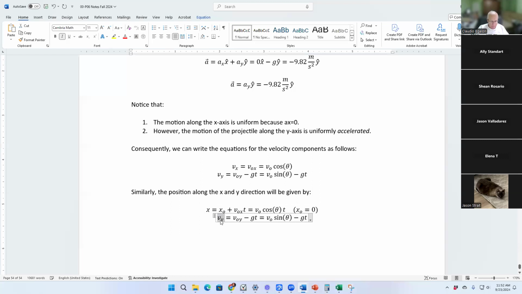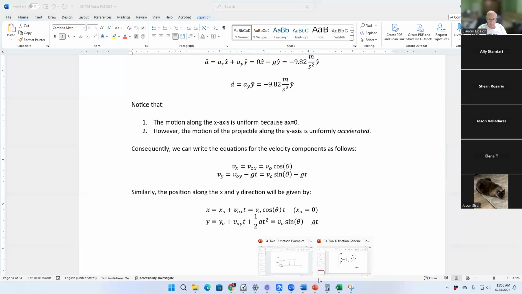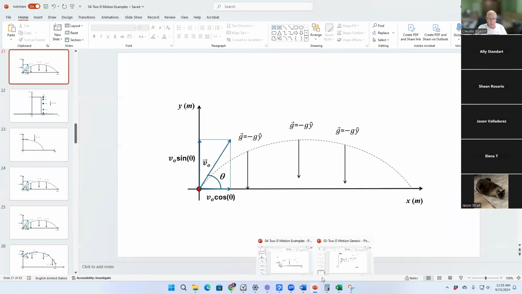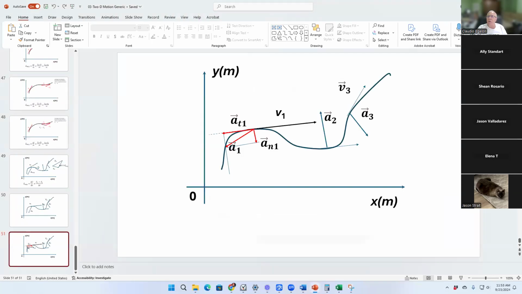But what about y? Y is going to be just like before: y naught plus v naught y times t plus half a t squared, uniformly accelerated motion. The y naught term is also 0 because the particle was placed initially at the origin.